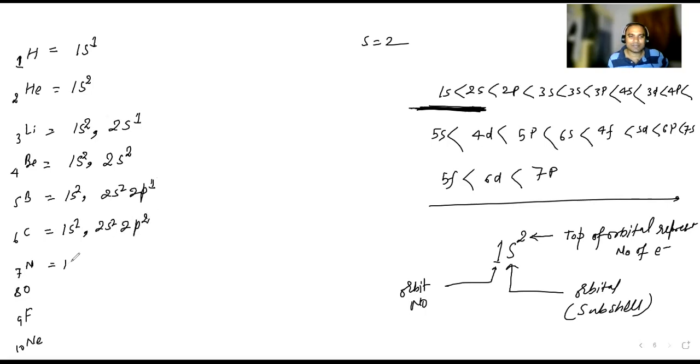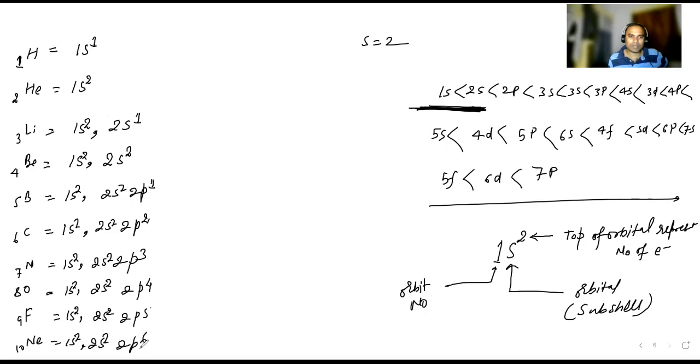Nitrogen: 1s2, 2s2, and 2p3. Great. Oxygen: 1s2, 2s2, and 2p4. Fluorine: 1s2, 2s2, 2p5. And neon: 1s2, 2s2 and 2p6.